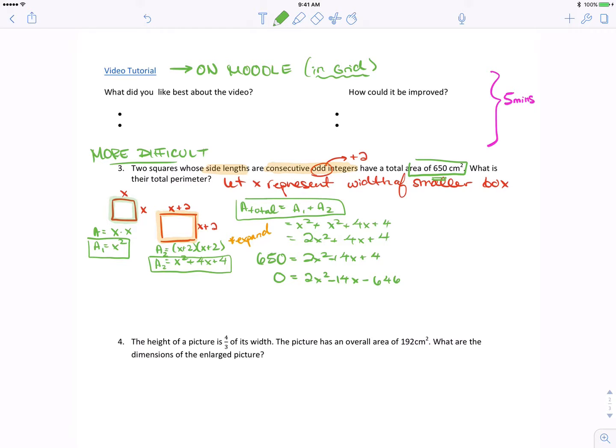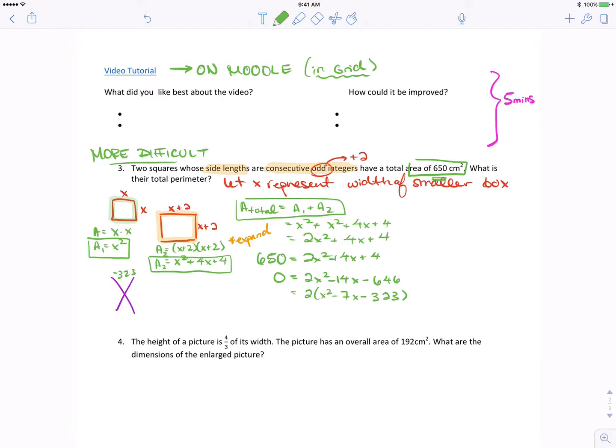Okay. Now these problems are not as nice, because if I look to do my X box, I say, well, multiplies to, remember, it's 2 times 646. Now one thing I can do to make my life a little bit easier is I just realized that all of these terms are divisible by 2, which is kind of nice. It just makes my X box nicer.